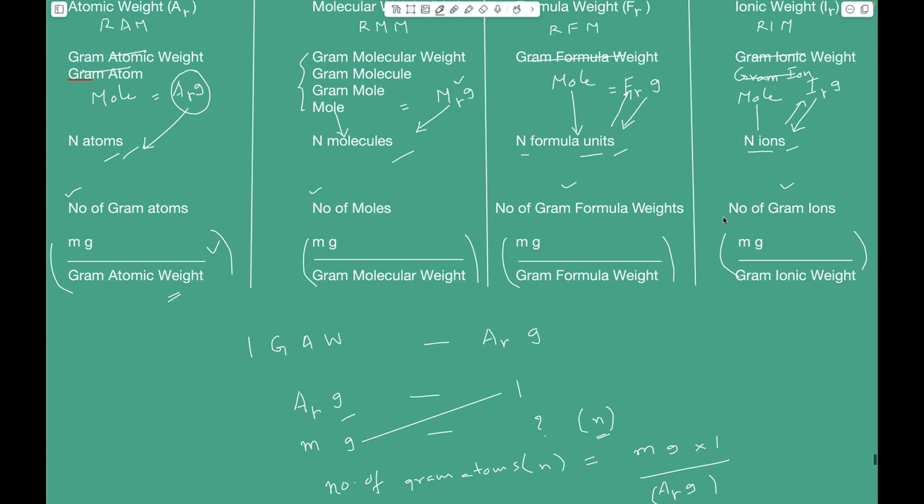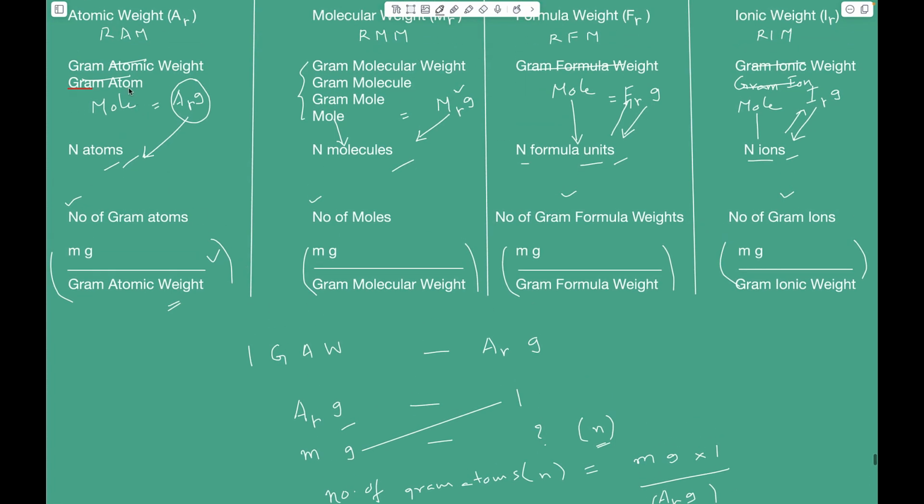But now we have replaced all these names with mole. So you have to replace this with mole, this also with mole, this also with mole and this also with mole. Again, gram atoms are replaced with the name mole. Gram formula weights are also replaced with the name mole. Again, this is also replaced with mole.